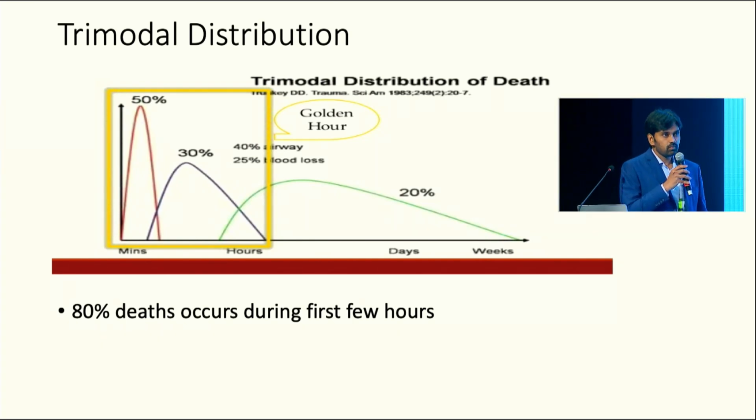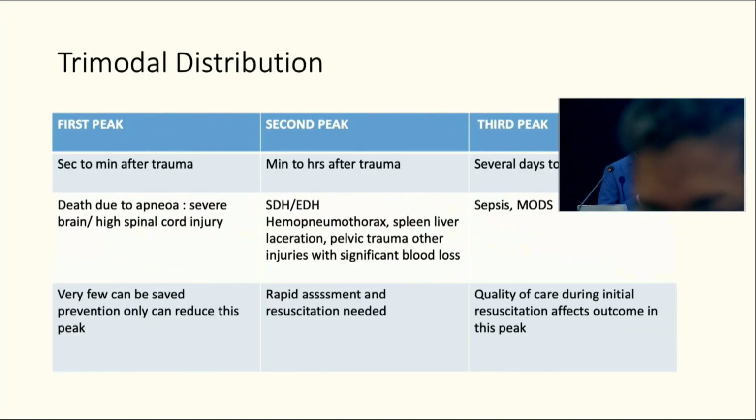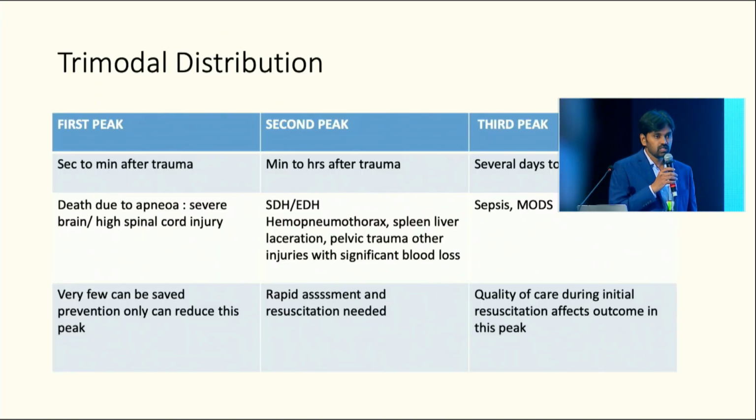And the late complications or the late death, which contributes to nearly 20%, happens because of the so-called complications of the second week of ICU stay. And it is this 30% of the population who reach the emergency in time, who requires the proper resuscitation so that they can have a possibility of surviving out of this trauma.